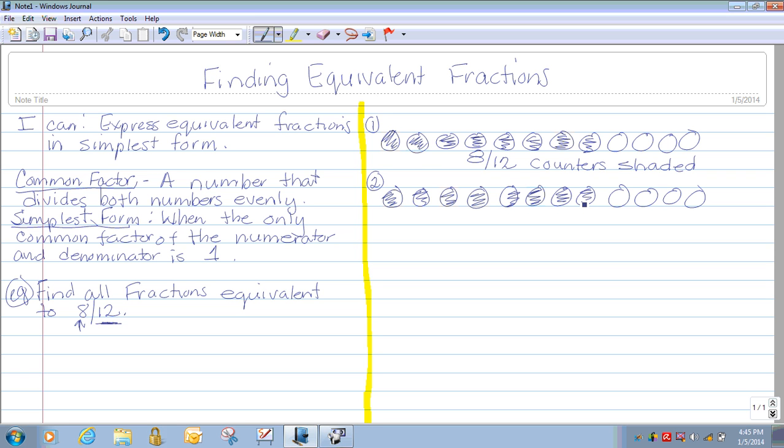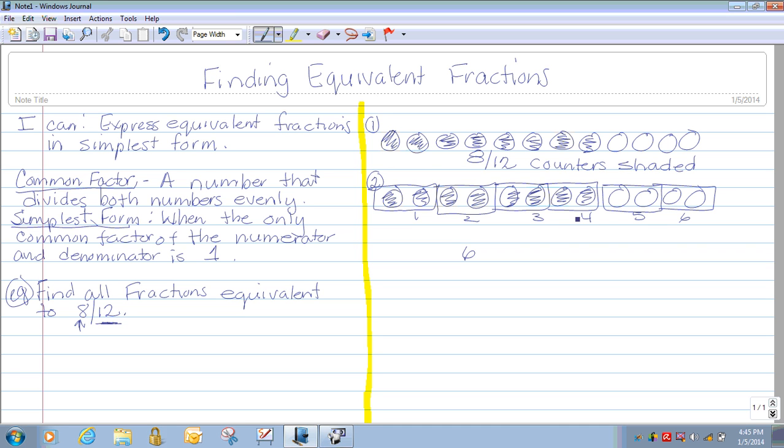So I think, well, let's take a look here. If I do a group here, and another group, and another group, and another group, then that divides equally. So I see that there's 6 groups.